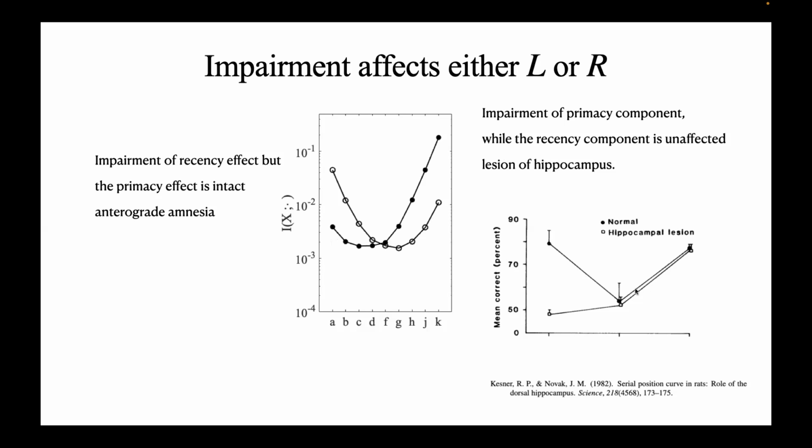Here, for example, this is in rats. Here you have a hippocampal lesion, and here you see that the primacy effect is impaired. So in my reading, within this theory, it simply means that these L and R states are in some sense independent of each other, or they can be constructed independently of each other.